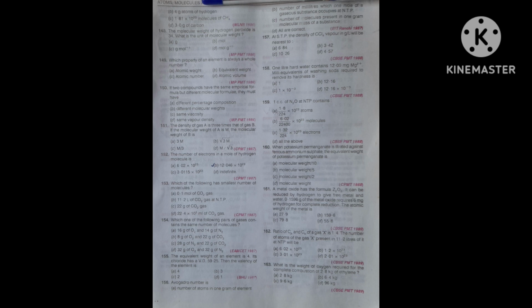Also you can know that during the reaction 5 electrons are involved. Then per electron you have to calculate. Obviously molecular weight divided by 5. The correct answer is molecular weight divided by 5. Option B, the second option, is correct.